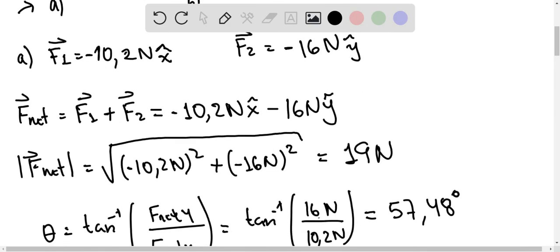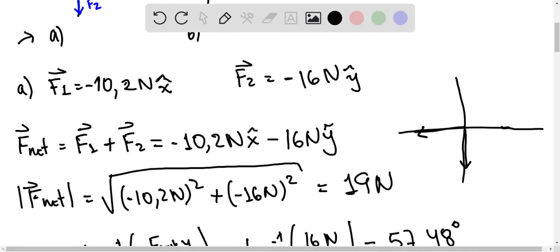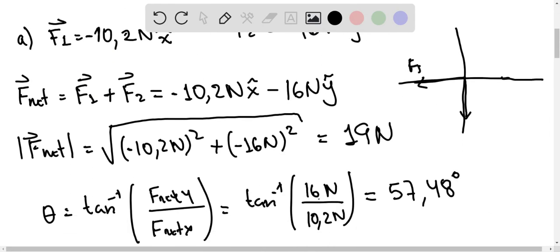We can see that when we are summing these two forces, the resultant is in the third quadrant. This was F1 and this was F2, so the resultant force vector should be in here. The angle that we have obtained is this angle, but it is with respect to the minus x-axis.